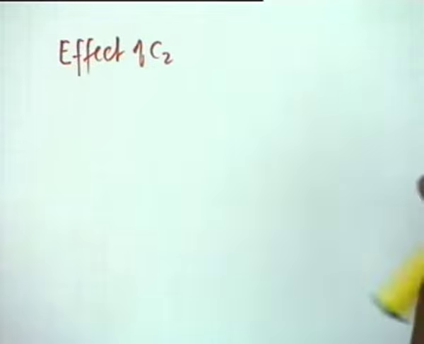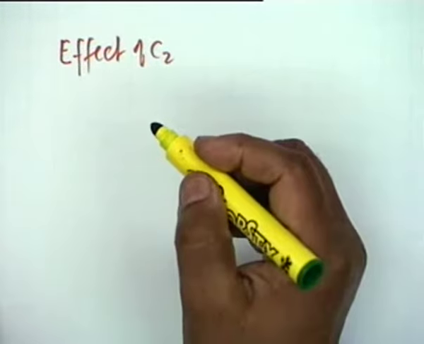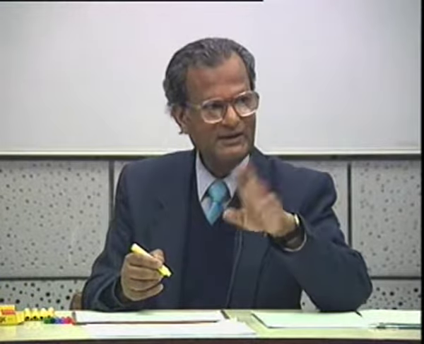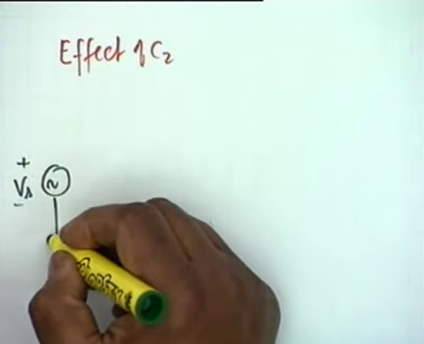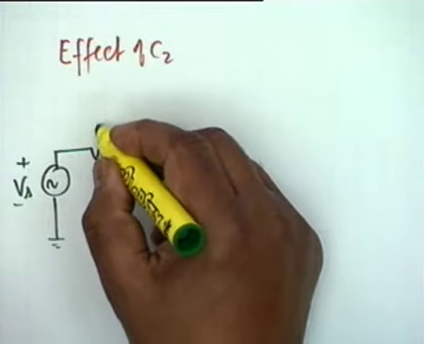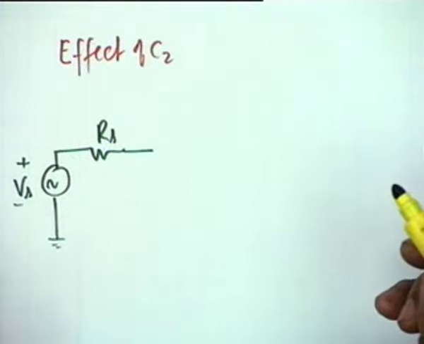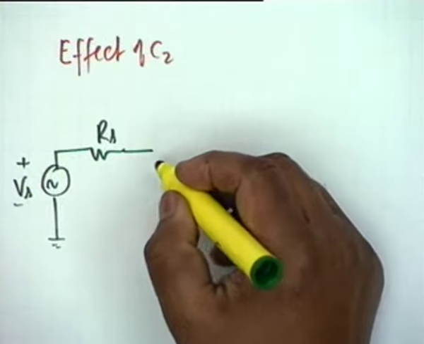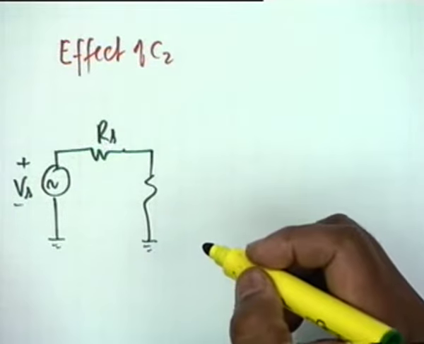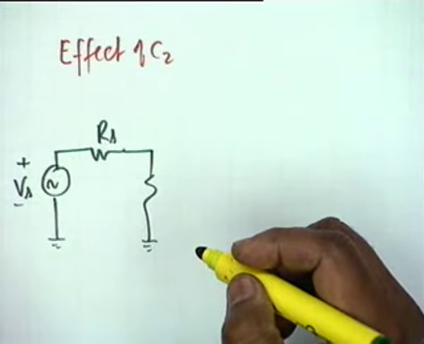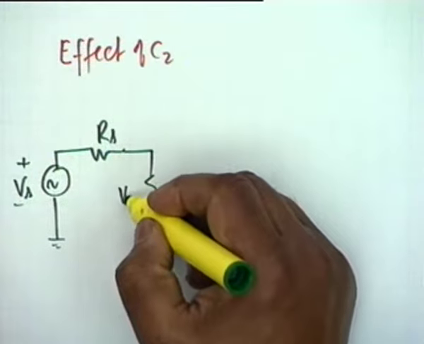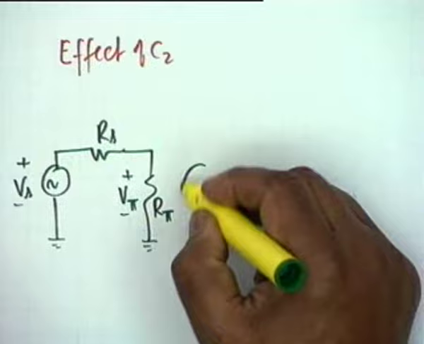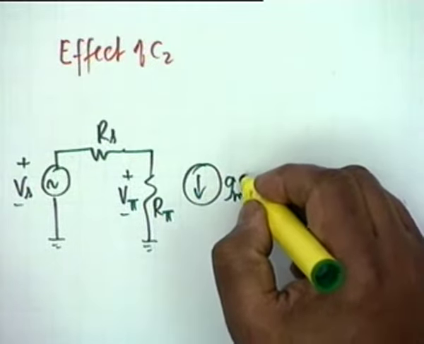When you consider the effect of C2, our equivalent circuit, now C1 and CE are shorts. Therefore our equivalent circuit would be Vs, Rs, no C1 is a short, and then we have simply the parallel combination of RB and R pi. So we have called this capital R pi, this is V pi, then we have Gm V pi.